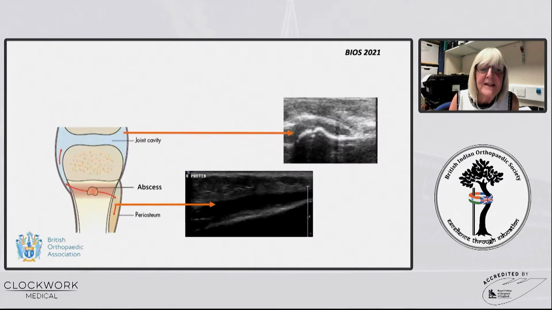And so if it is an infection, an osteomyelitis, which is complicated, so it's either gone in through the bone and into the subperiosteal space, or it's gone through the bone and into the joint, that's when you can and should get samples for culture and sensitivity.